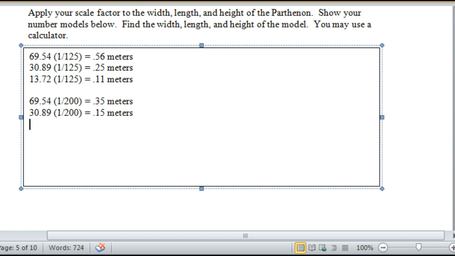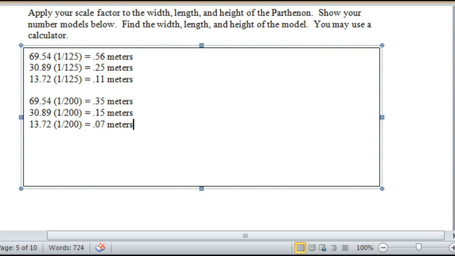And we had to apply the same thing to the height, so 13.72 times 1 over 200 is going to be equal to 0.07. That's going to round to 0.07 meters, which would be about 7 centimeters. Now that is a little bit small if you have a full-size foam board, but it can still work.